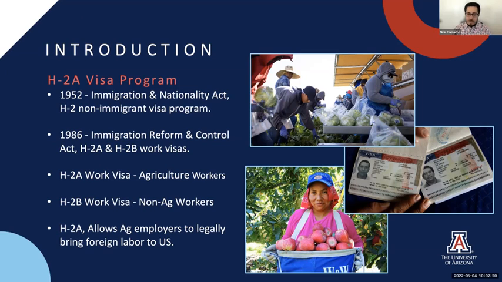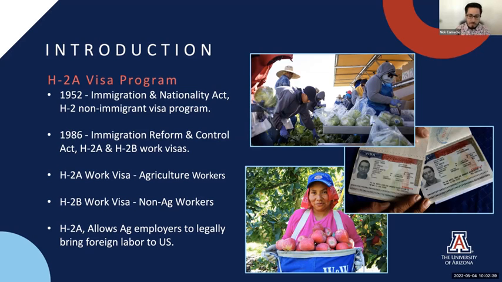This project is designed around the H2A visa program. The H2A agricultural worker visa is a guest worker program that allows employers in the agricultural sector to bring foreign nationals to the United States to fill temporary ag jobs.